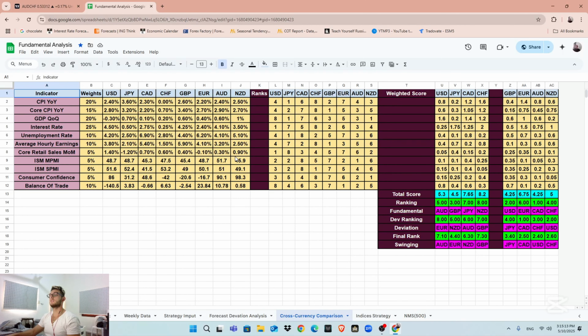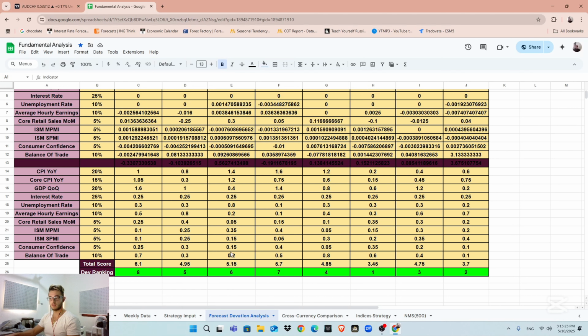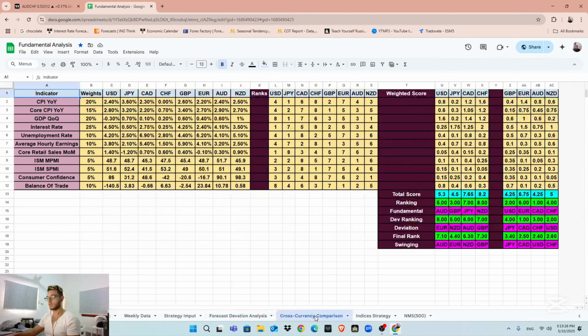I have different ways to rank these indicators and different equations to calculate some data to have a ranking of these indicators, and at the end my Excel sheet will give me which are the strong currencies and which are the weak currencies, and based on this data I can look for currency pairs to trade, whether it's long positions or short positions.